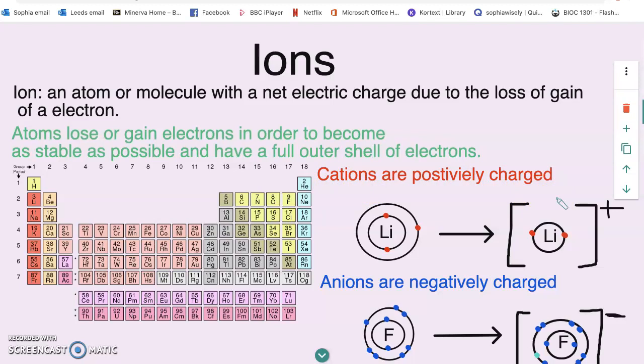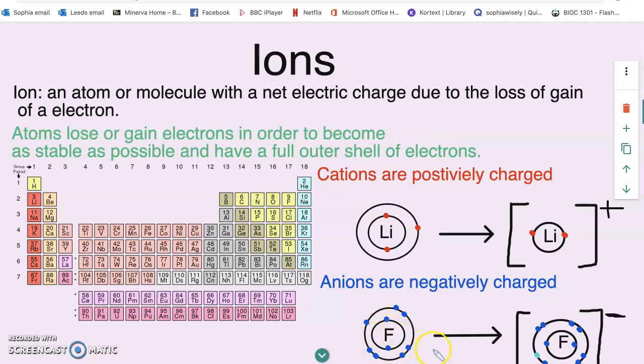And then conversely, anions are negatively charged. So fluorine, which is in group 7, has 7 outer shell electrons, and that's seen in this diagram here, and it's easier for fluorine to gain 1 electron and make a full outer shell of 8 electrons instead of losing 7 electrons and having 2.